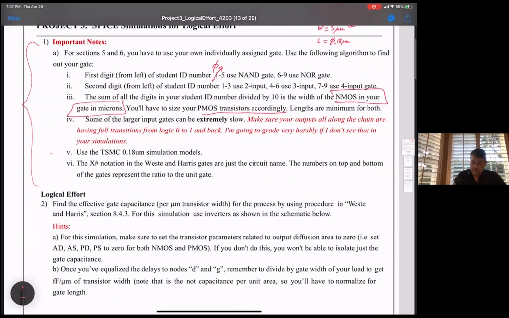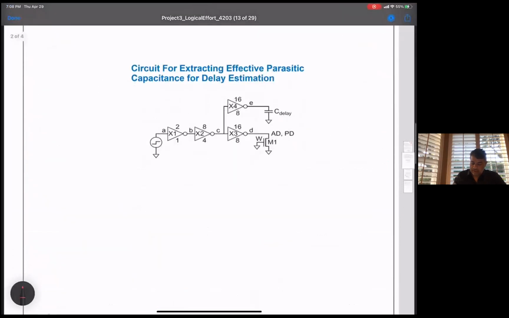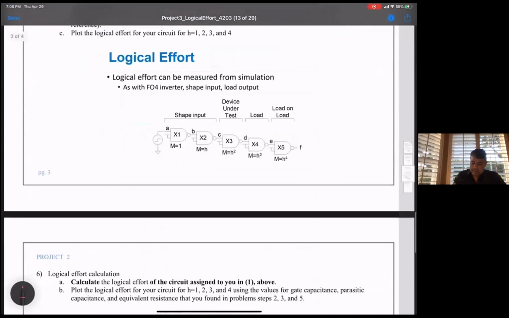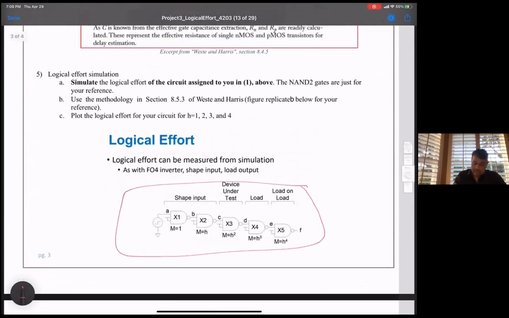We'll talk about this a little bit. You have multiple stages. Let's say you have a 4-input NOR. I think you'd end up needing to ground these inputs, with stuff coming in from the smaller 4-input NOR driving a bigger 4-input NOR.